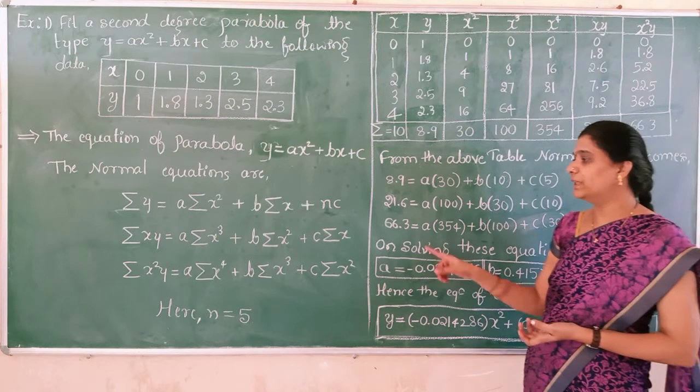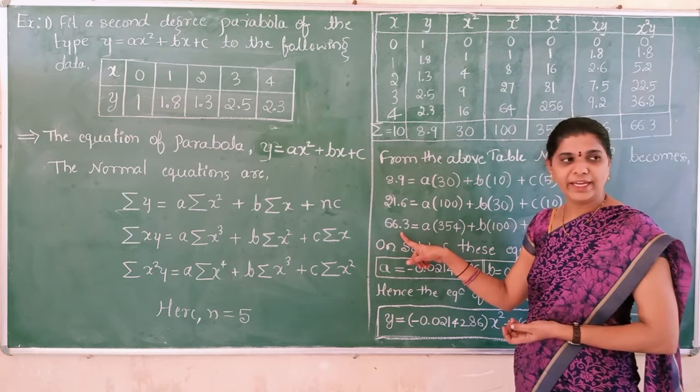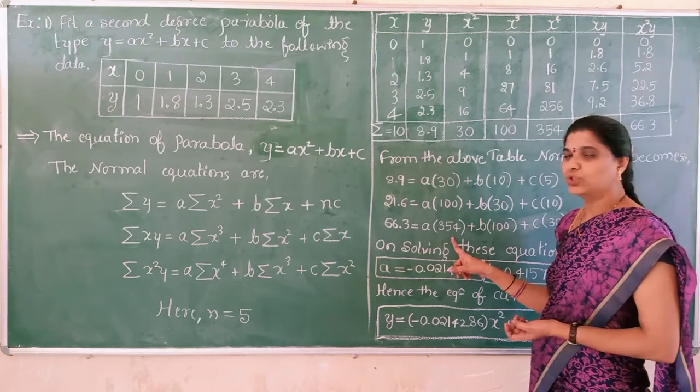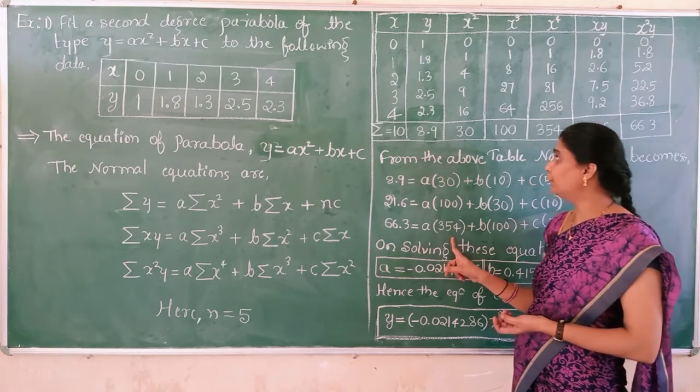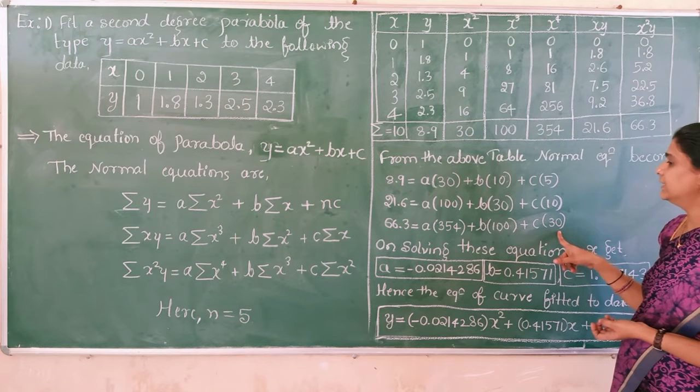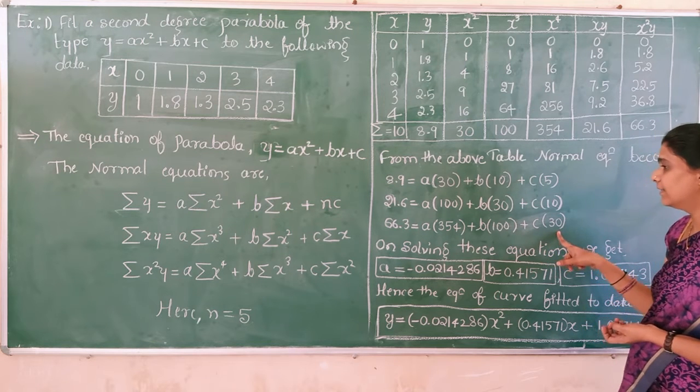Third equation: sum of x square y is 66.3; a as it is, sum of x to the power 4 is 354; b as it is, sum of x cube is 100; c into sum of x square is 30 itself.